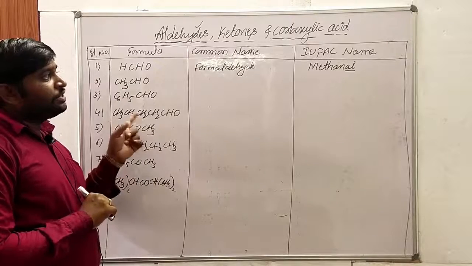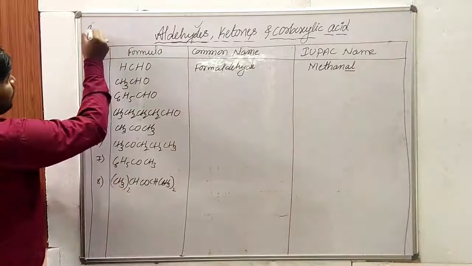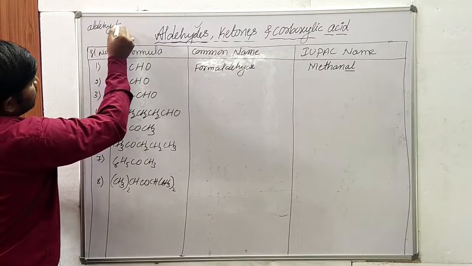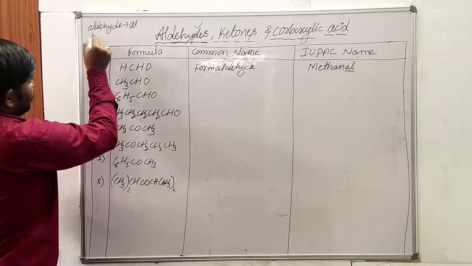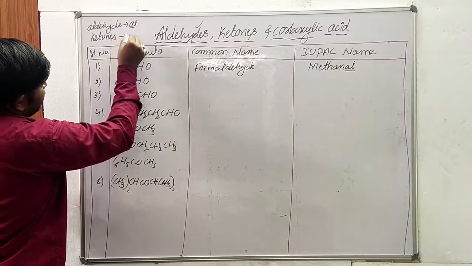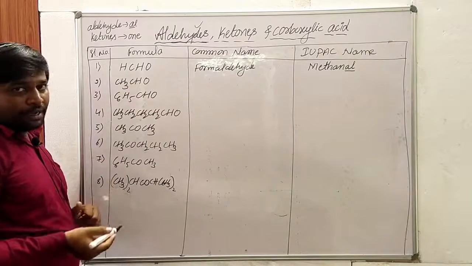For aldehydes the suffix used is al, and for ketones the suffix used is one. For carboxylic acid, it is oic acid.